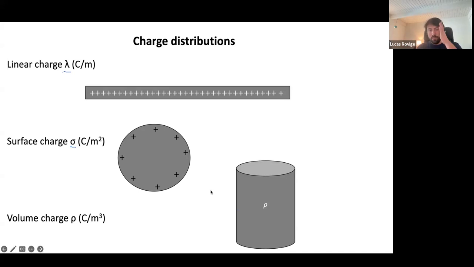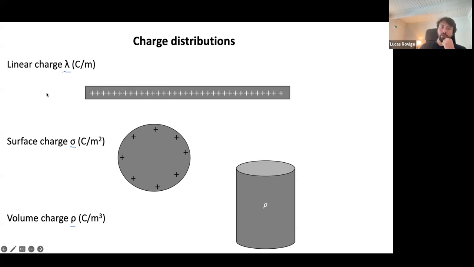And of course the more general case would be if we have charges distributed in a volume. So now we have this charge density rho, and it would be in Coulomb per cubic meter.